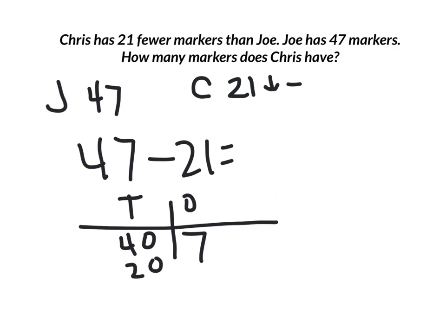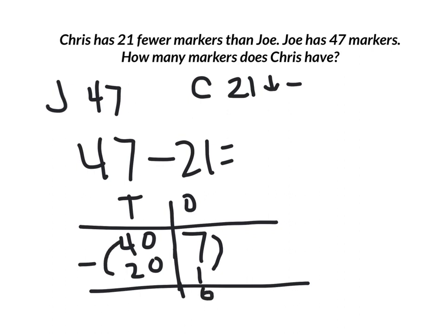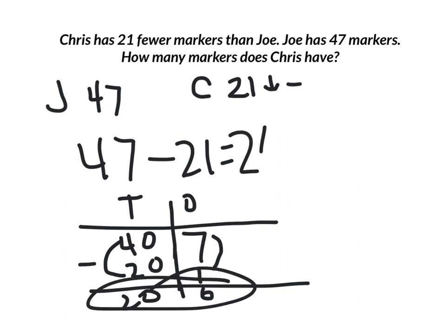It's 20 and 1. Okay, and it's subtraction. So 7 minus 1 is 6. 40 minus 20 is 20. So the answer is 26. So how many markers does Chris have?